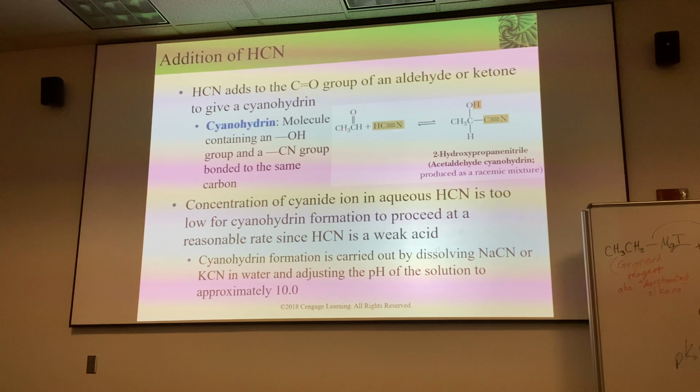So if we deprotonate that, then we've got a bunch of cyanide ion, and that's a much better nucleophile, and we'll have more of it to attack. And HCN is a weak acid, right? So not a lot of it dissociates. So we've got a little bit of cyanide in there.